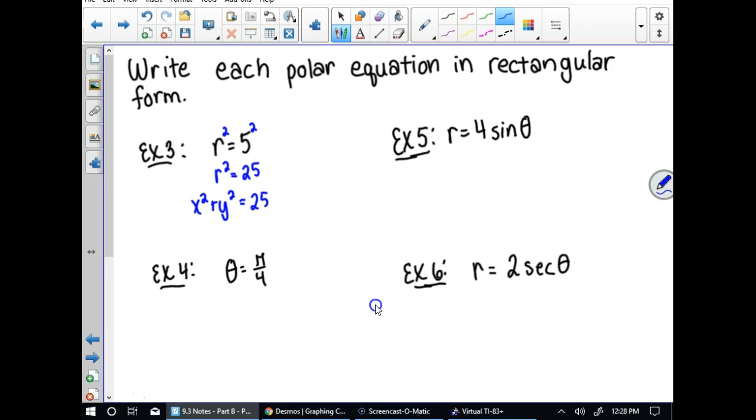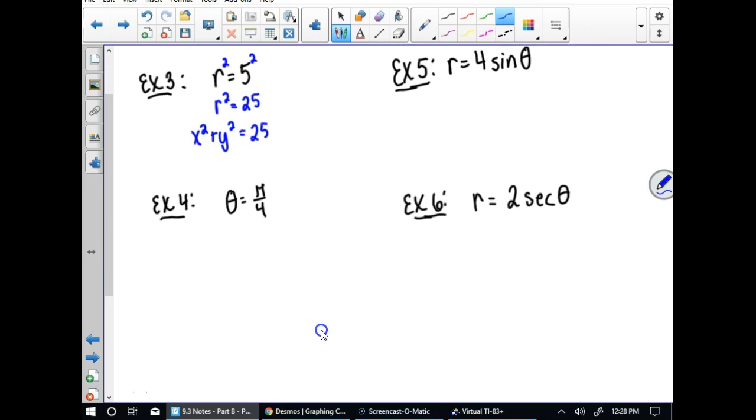Okay. Example 4 is like the one we had before. So we're going to have theta equals tangent inverse of y over x, and that equals pi over 4. But we really haven't dealt with radians very much.